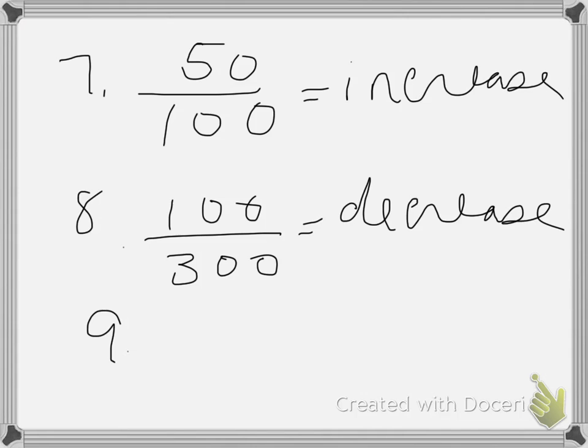And number 9, 30 to 90, we see it's an increase, and you're increasing by 60. That's a large increase over the original, which is 30. If you divide that, you see that that's 2. It's not increased by 2 because you have to change that to a percent. So 2, a whole number 2, is how much percent increase?